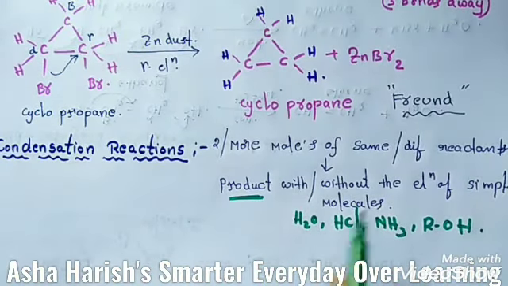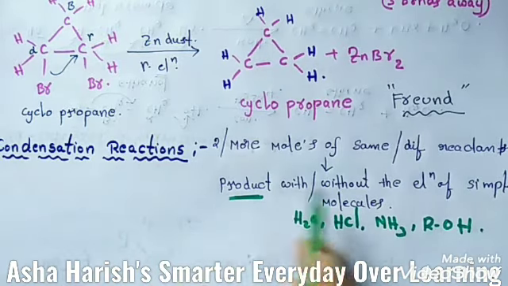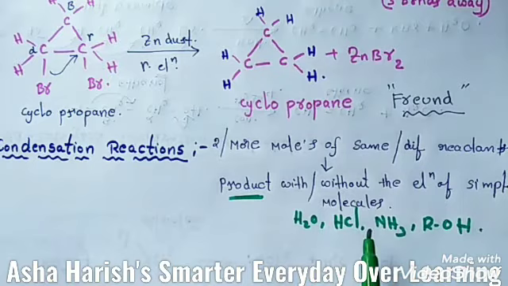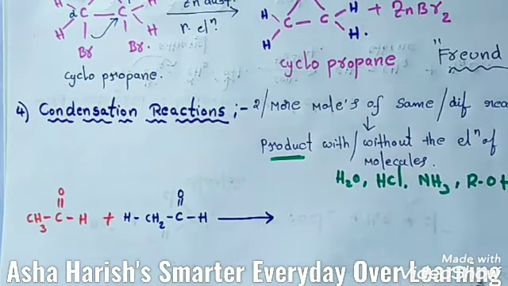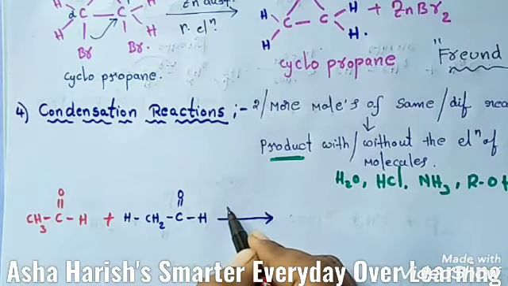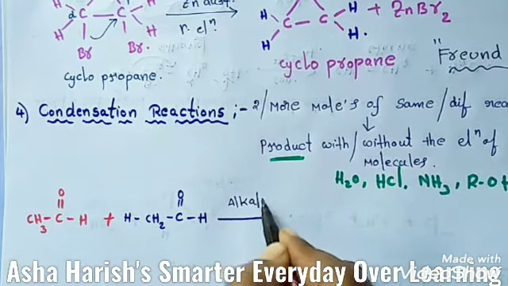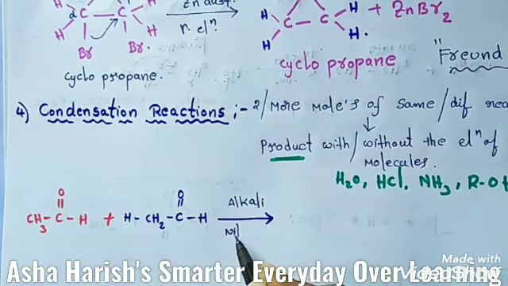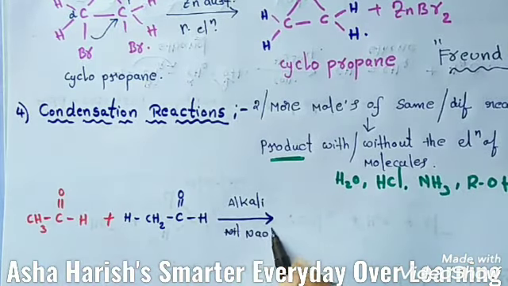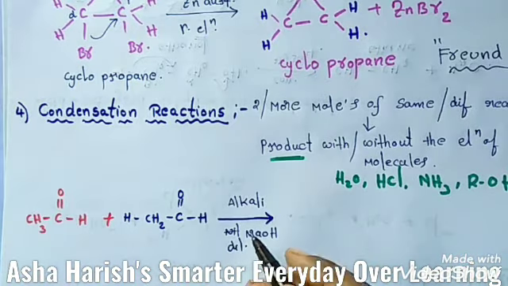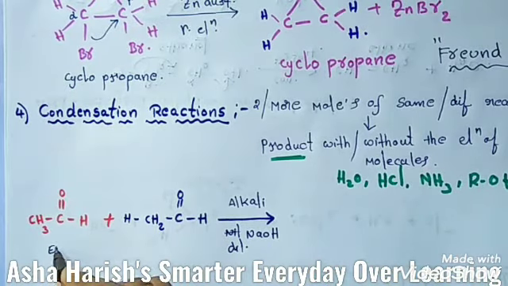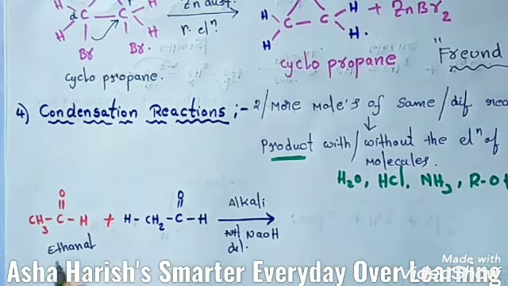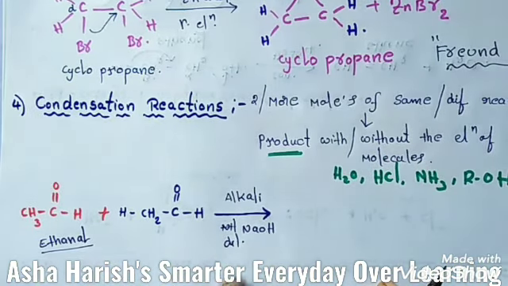With or without the elimination of these simple molecules could occur in the product. The example is acetaldehyde. 2 molecules of acetaldehyde condense in the presence of dilute alkali, nothing but dilute NaOH, to form the products. Let's see the equation. The compound we have taken is acetaldehyde.